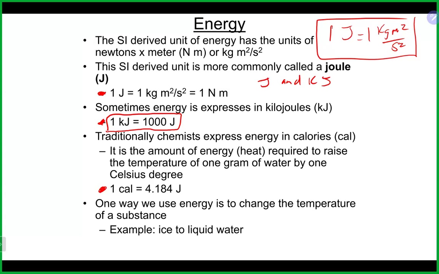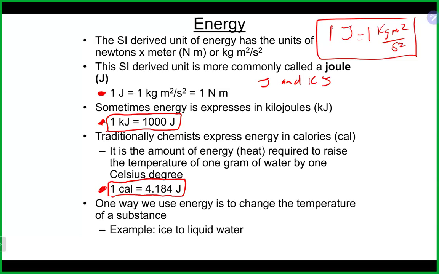And the relationship between calories and joules is also something that you need to know. 1 calorie is 4.184 joules. And that number, 4.184 joules, is an important number. We'll see it a little bit later on. That is also known as the specific heat of water, which is a value that you need to know as well. So that is the conversion factor that you use.